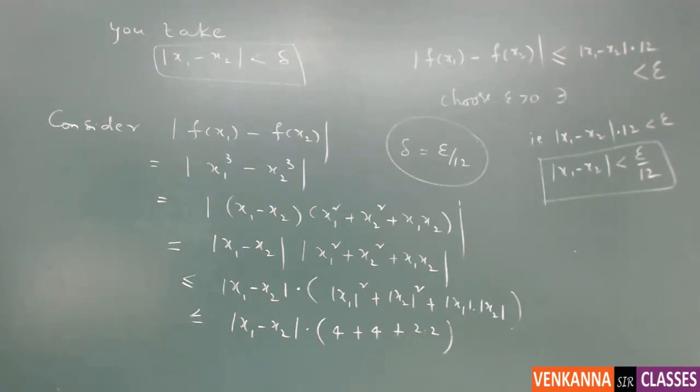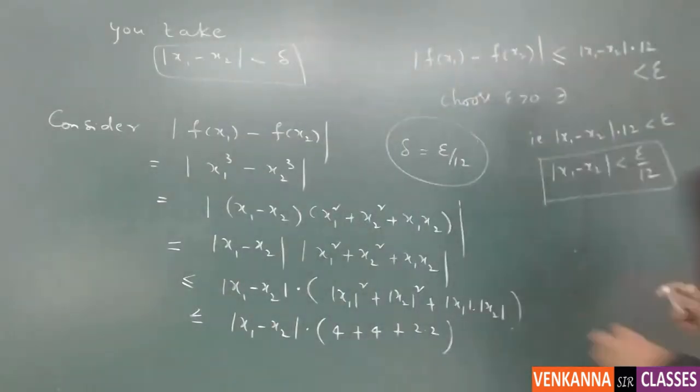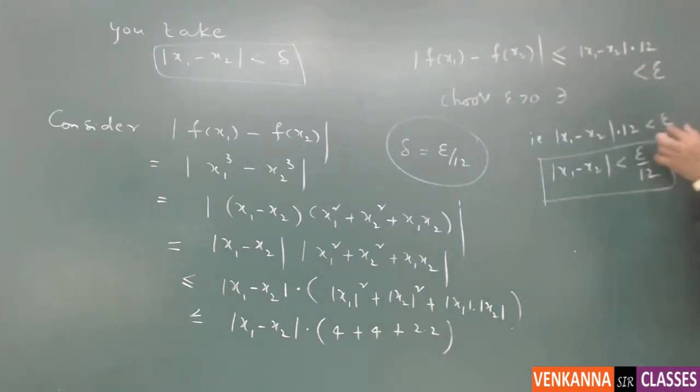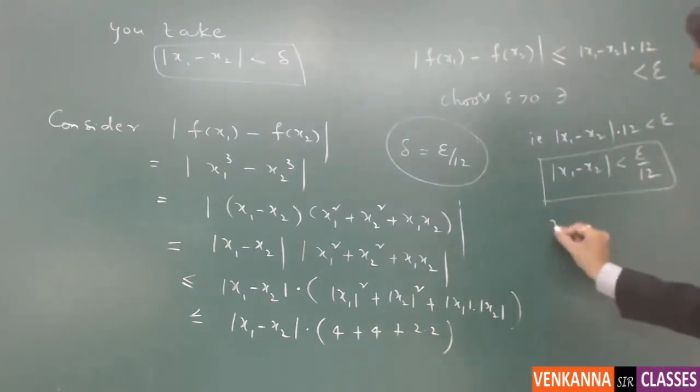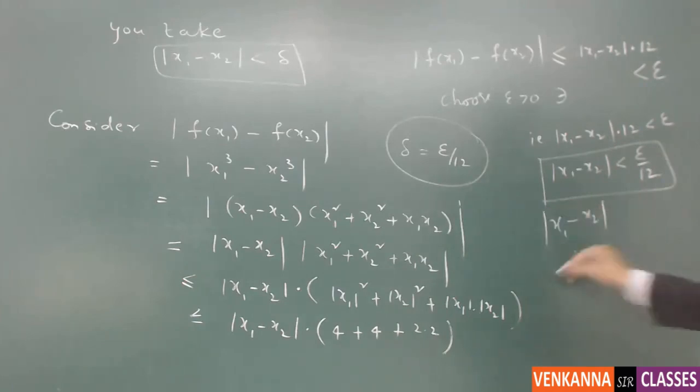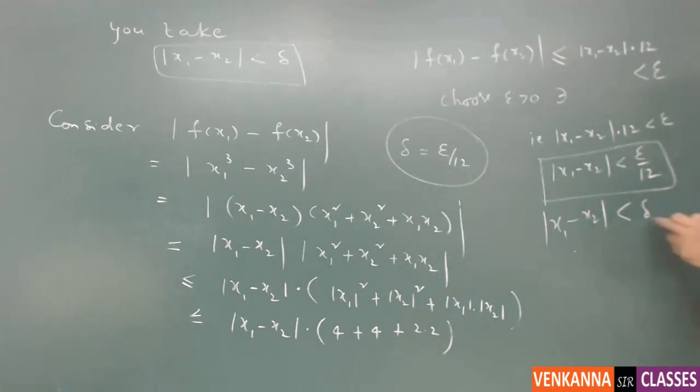Any more questions on the approach or procedure, anyone? Or is that clear? Because we have chosen that this value is less than epsilon, I am comparing the inequalities. I got one inequality that mod x1 minus x2 is less than delta. I got another inequality that mod x1 minus x2 is less than epsilon by 12.